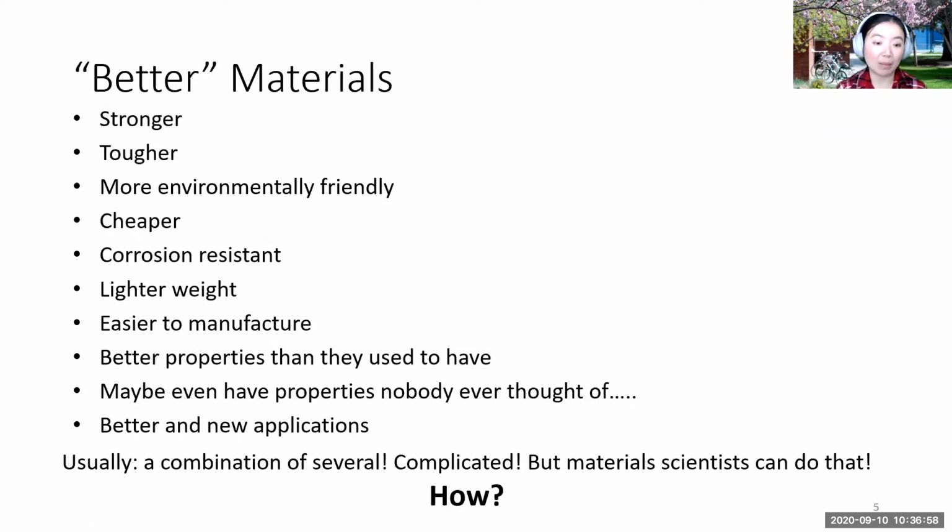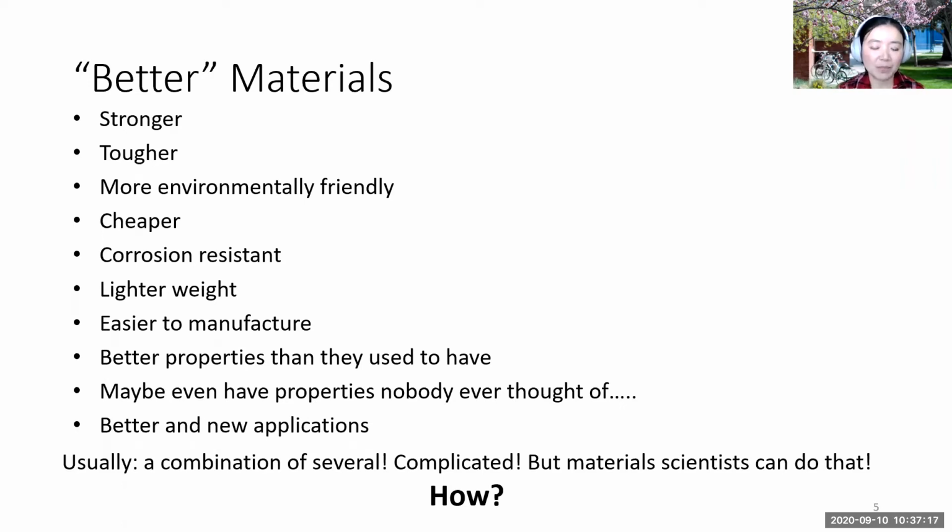Or probably you come up with something, some genius idea or something very unique, an application you want your device to be able to do, and you still need new properties, so probably a new material can meet your requirements.